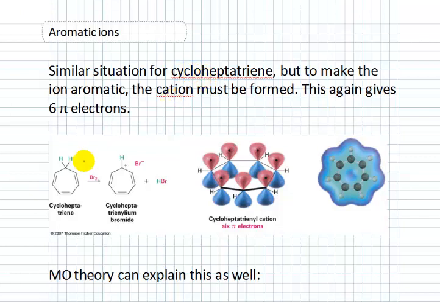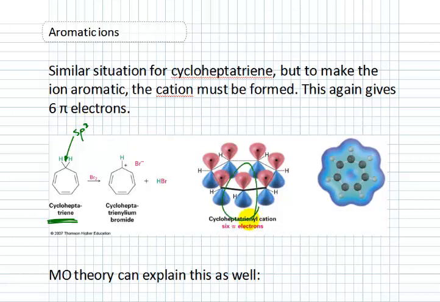There's a similar situation for cycloheptatriene. If I have a 7-membered ring with 3 double bonds, right? Here's our non-aromatic cycloheptatriene, because here is our sp3 carbon. What I can do, if I remove an H as well as its electrons, what we can end up with is a cation, where I have an empty p orbital on one of those carbons.